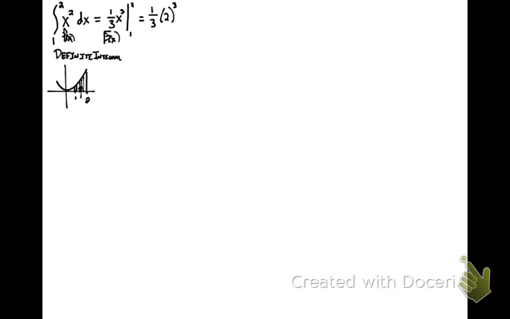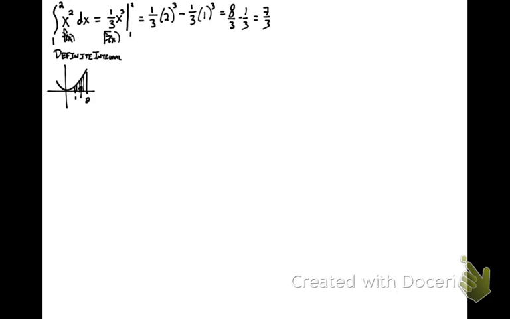It's just how we're thinking about it, connecting it to the theorem. And it's always minus the lower limit of integration substituted in. So in this case, 1/3 times 1 cubed. I'm just going to continue to show my work. 2 cubed is 8, so this is going to be 8/3 minus 1/3, which is a grand total of 7/3.